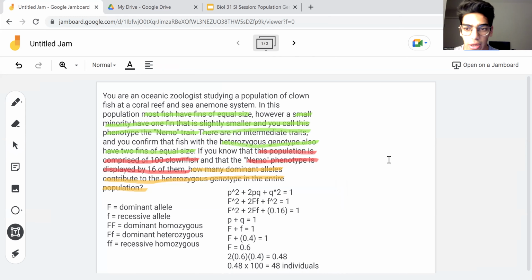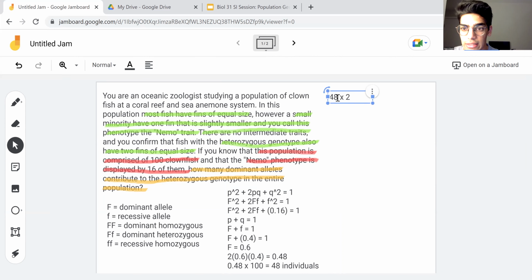So let me just start another box because it's getting a little cluttered here. So 48 times 2 is to get the number of alleles. And that equals, let me just get that again, 96 alleles. So cool. We have an amount of alleles, and it seems like we've solved this problem.